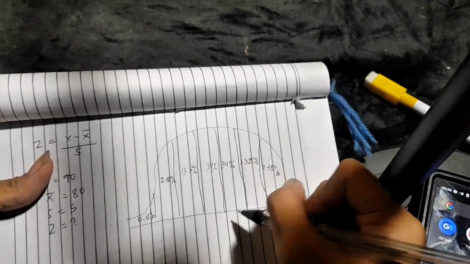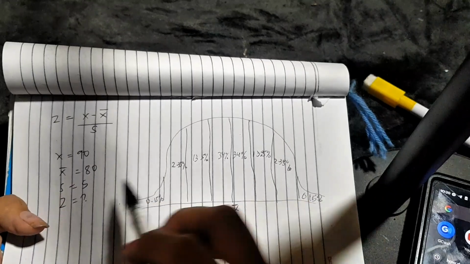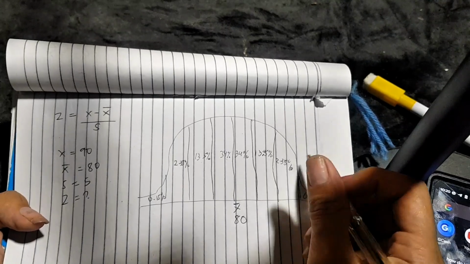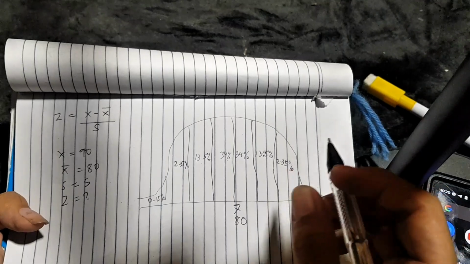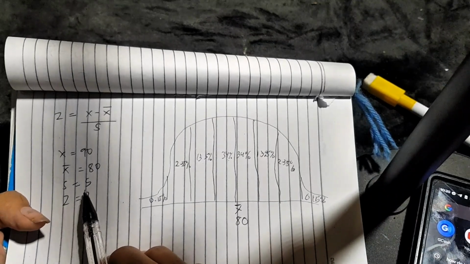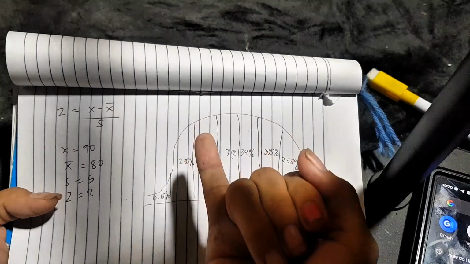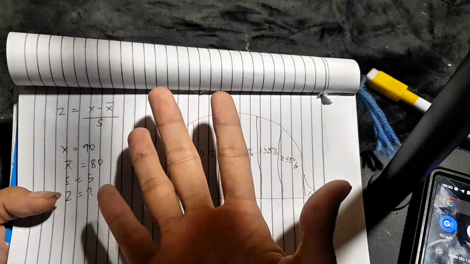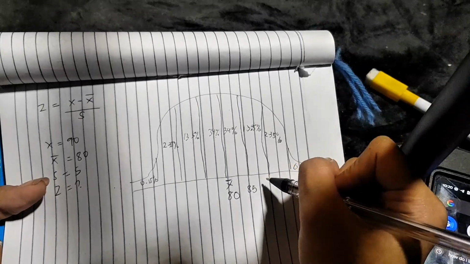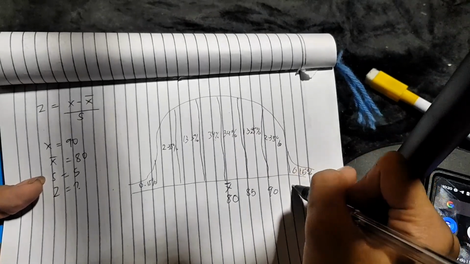So now, i-identify natin kung ano ang ating mean. Ang mean natin is 80, and ang ating standard deviation is 5. So we count 85, 90, 95.